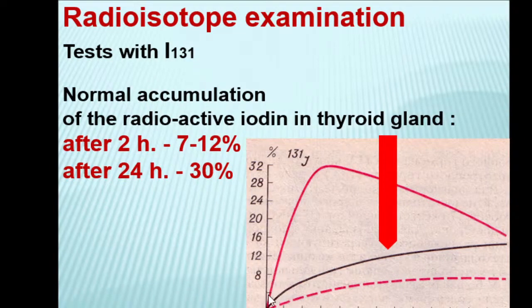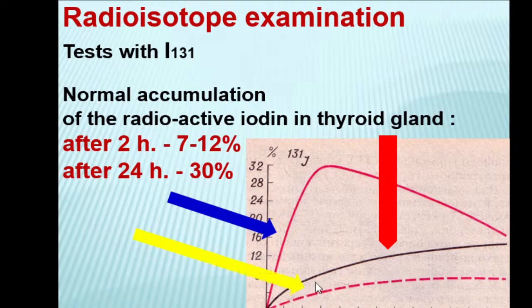Which is the normal curve. And you understand, if the thyroid gland very fast accumulates iodine, we are talking about hyperthyroidism. Opposite, slow accumulation is characteristic for hypothyroidism.